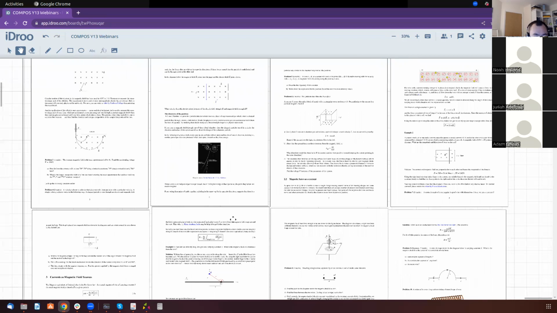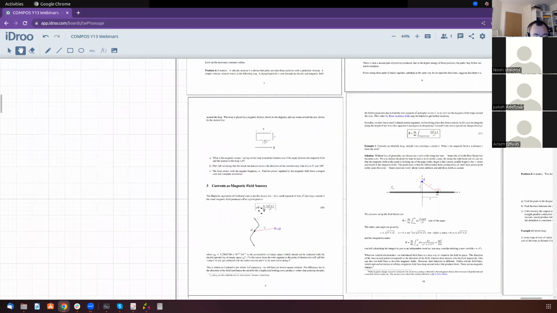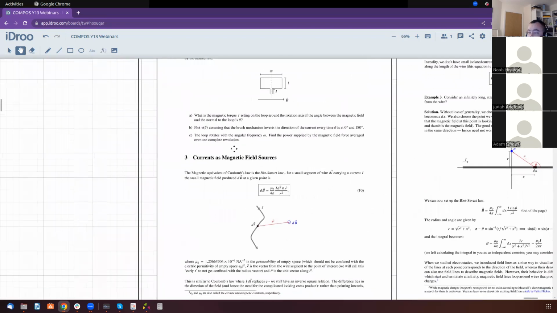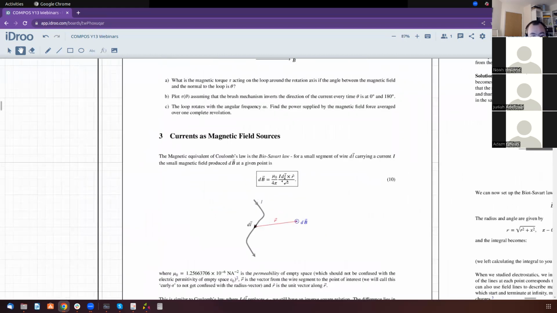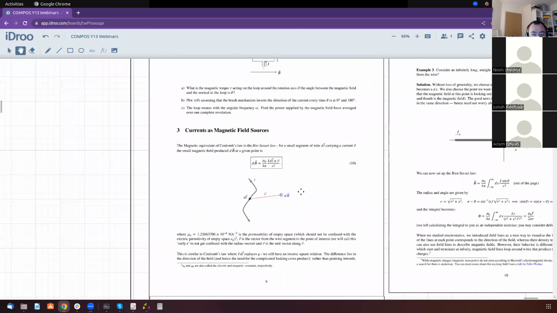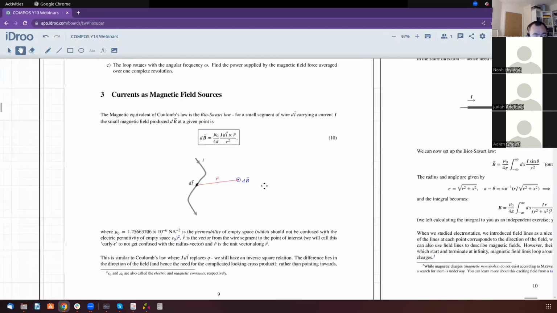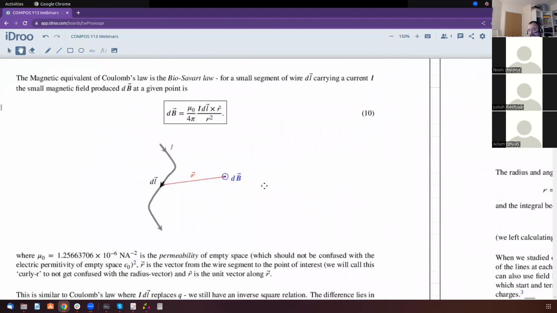And then we go into something completely new to you, which is the Biot-Savart law. This is similar to Coulomb's law, if you think about it. For Coulomb's law, if you have a charged particle, let's say plus Q, it creates an electric field around itself.